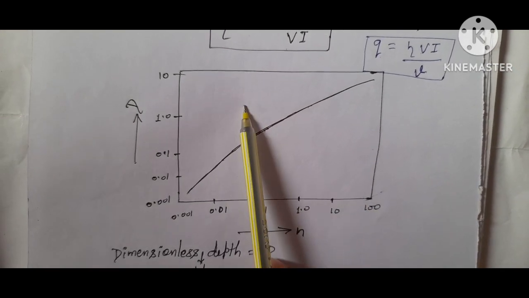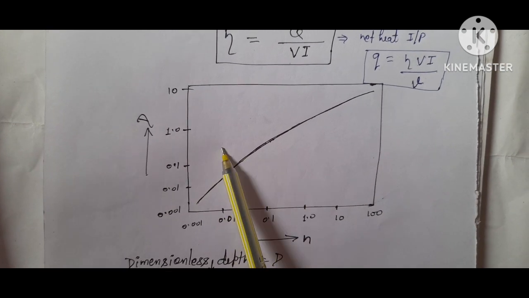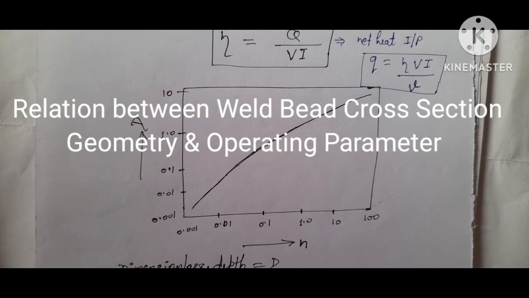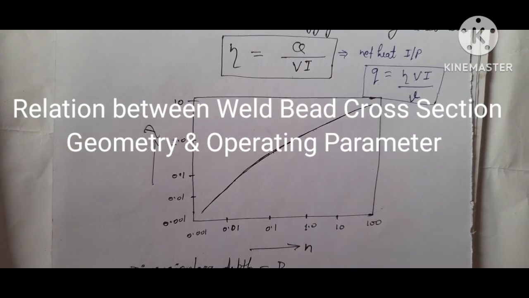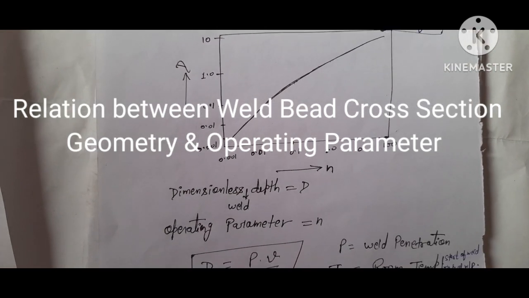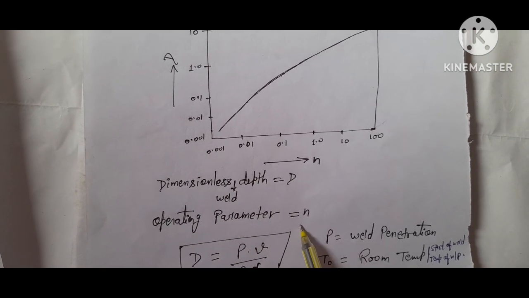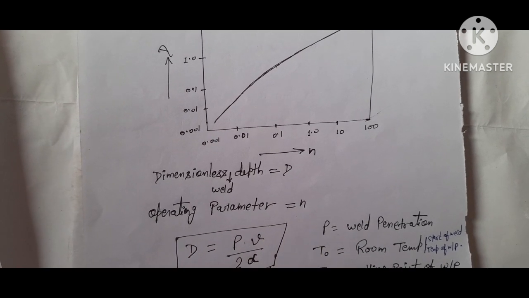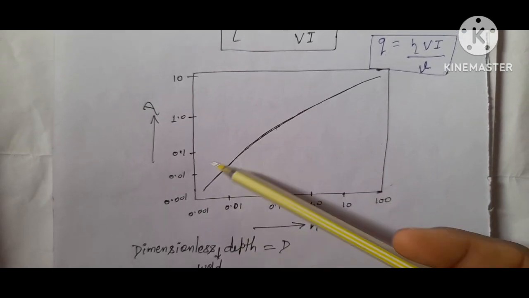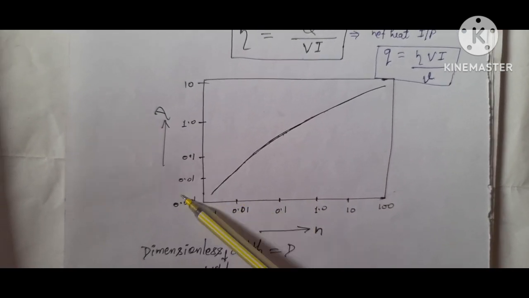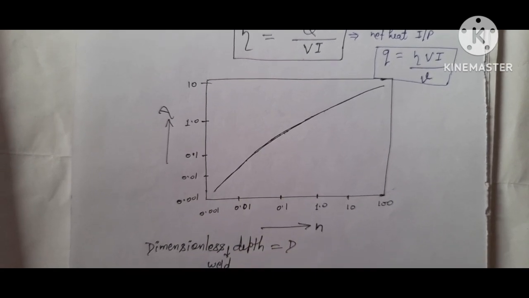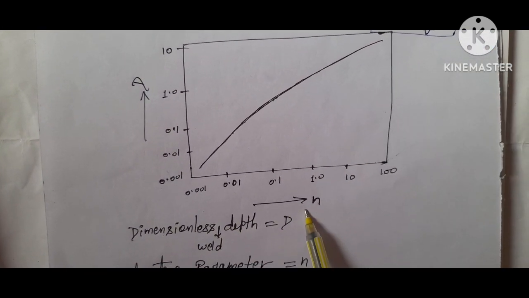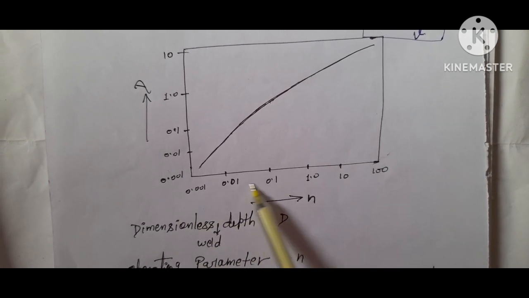So friends, you see this graph. This is a theoretical relationship between weld bead cross-sectional geometry and the welding process operating conditions using two dimensionless parameters, which are known as D and N: dimensionless depth D and operating parameter N. So this is D on the y-axis and N on the x-axis, and points are given here.